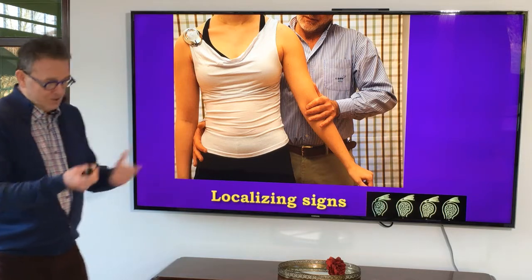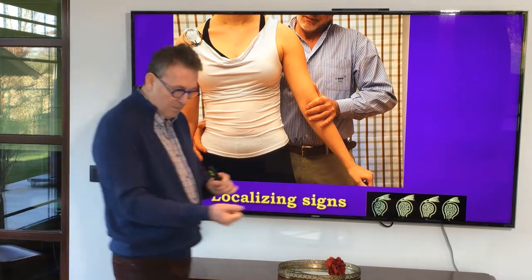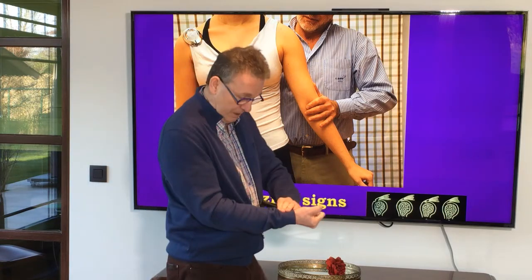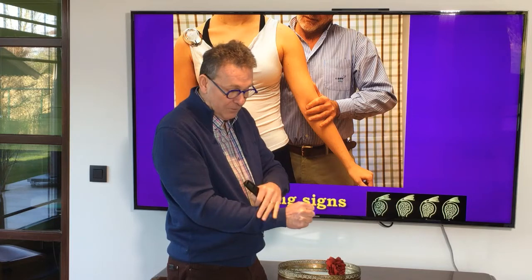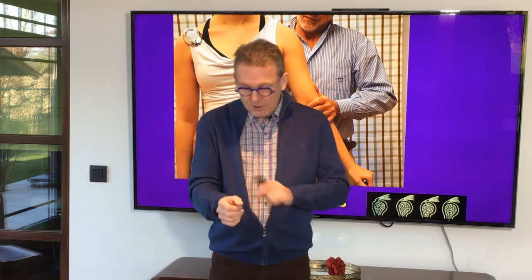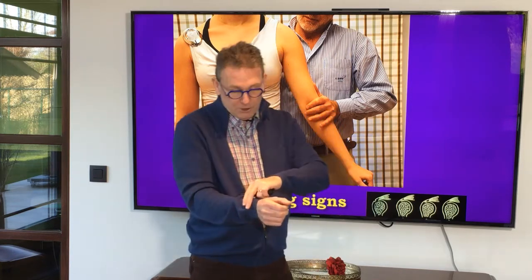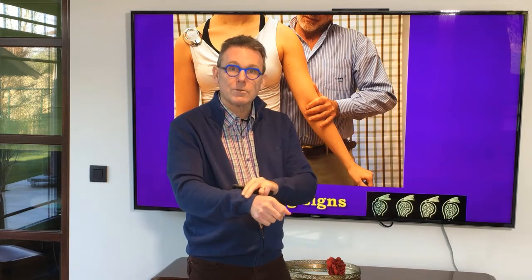Let me give you another example of a localizing sign. Let's imagine resisted elbow flexion is painful, and resisted elbow supination is painful. So what do you think of? Think of biceps. But let's imagine that you also find in the examination a painful passive pronation.